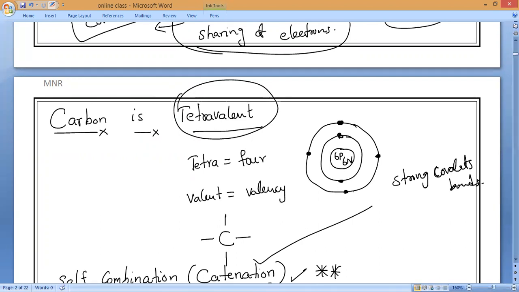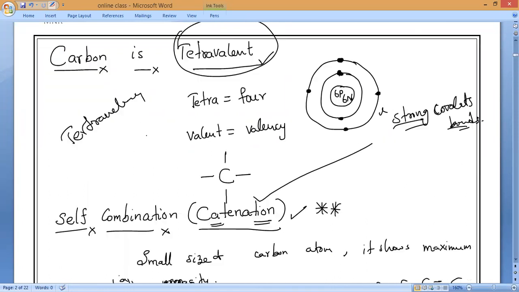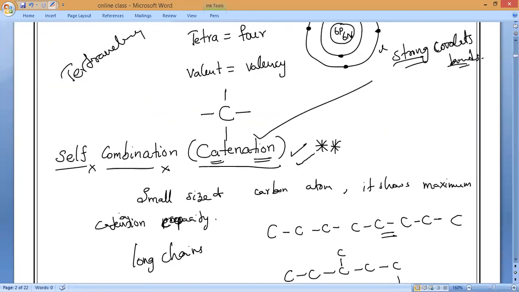So it can react with all other non-metals, and these different elements form different compounds with specific properties. That is why the tetravalency of carbon is one of the main properties of its versatile nature. Why is carbon very special? Because of its tetravalency, and the second one is self combination, called catenation.